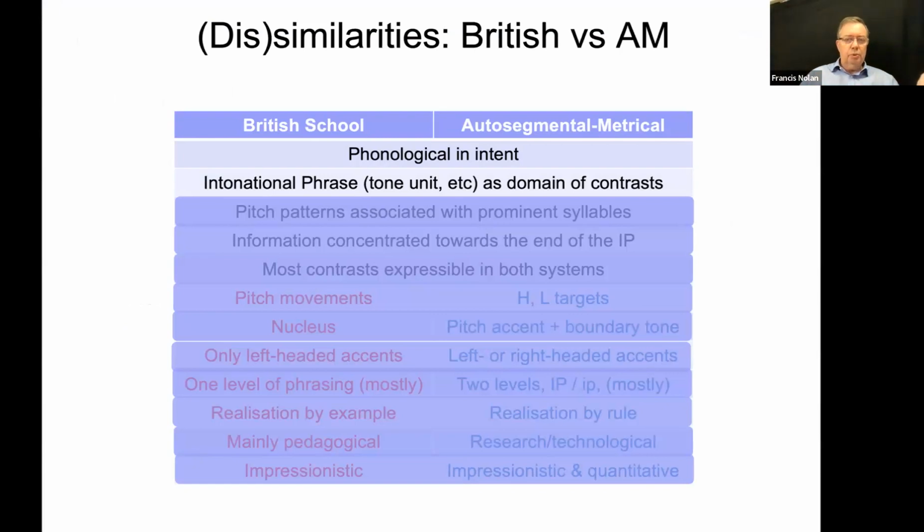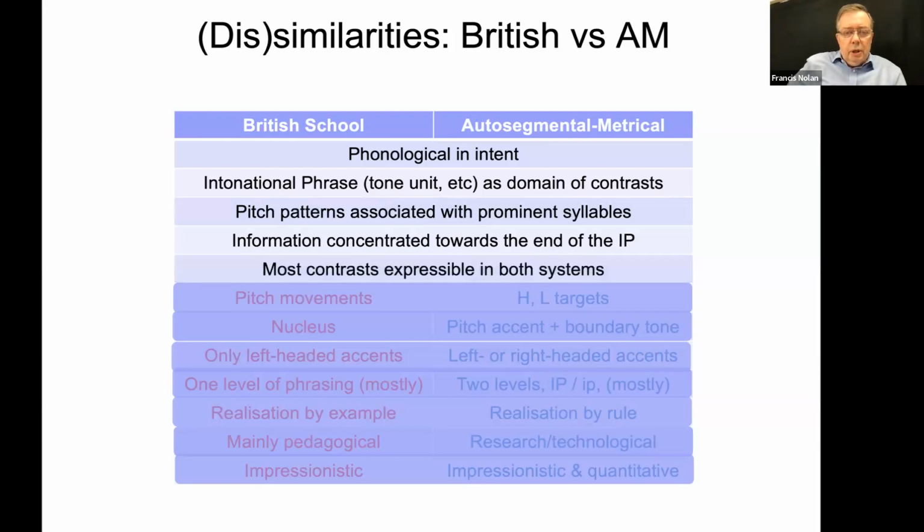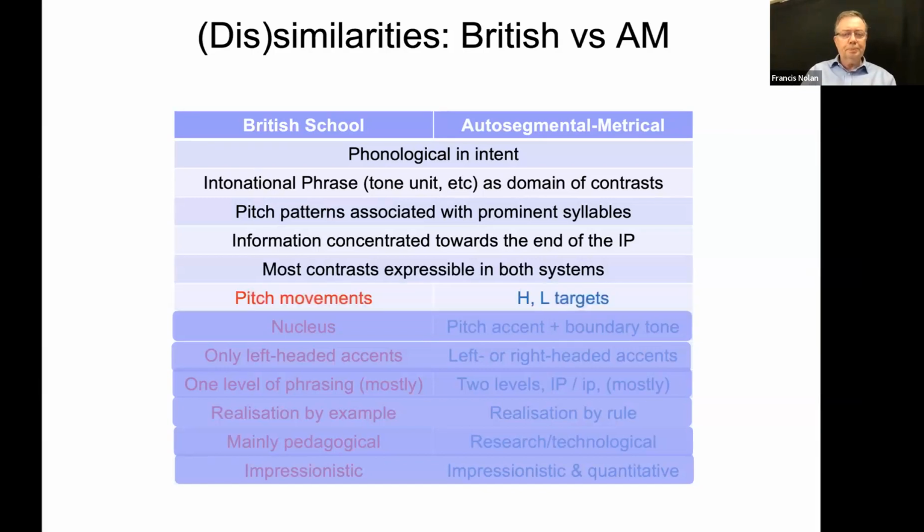It's the thing that's sometimes called a tone unit in earlier writing. Pitch patterns are associated with prominent syllables. They're kind of hung on to metrically prominent syllables. Information, meaningful information, is concentrated more towards the end of the intonational phrase. Most contrasts are expressible in both systems, though not all.